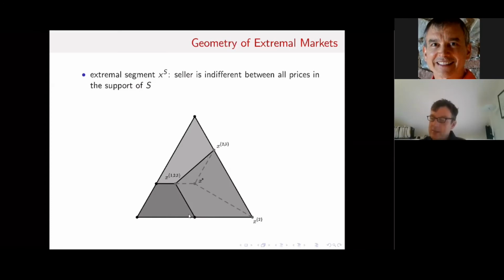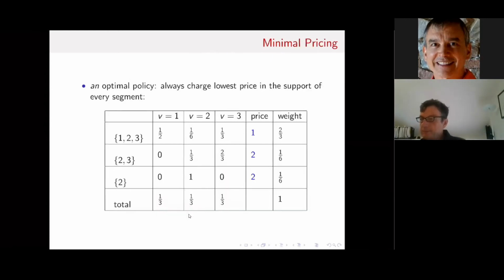So what we did in this example is to split the aggregate market into 3 extremal markets. And because they're extremal markets, something interesting is true.